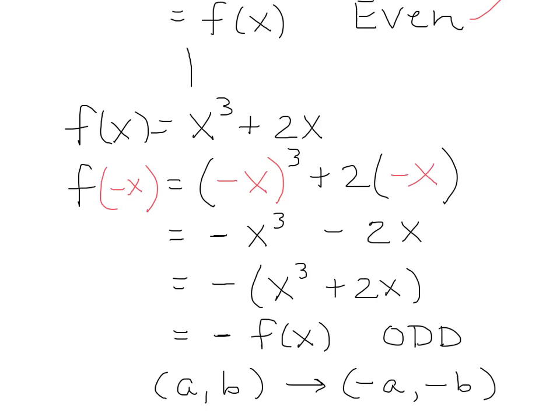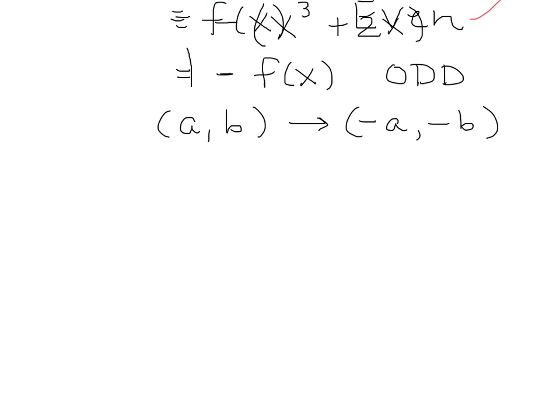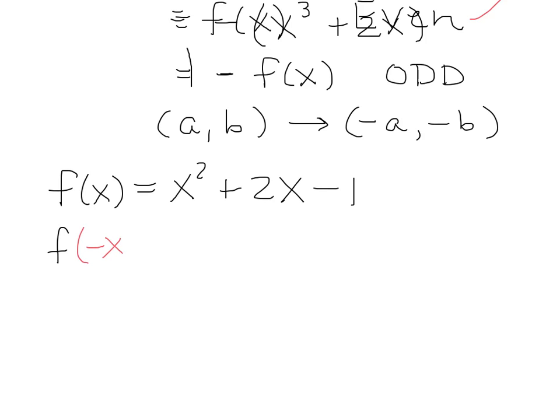Now our last example, we'll do the exact same thing and see what results in this one. So we have x squared plus 2x minus 1. And we'll replace the x with the opposite of x.